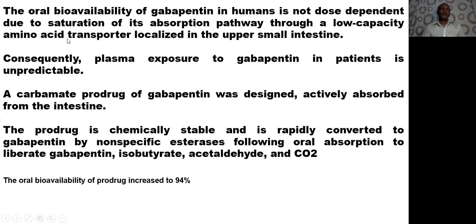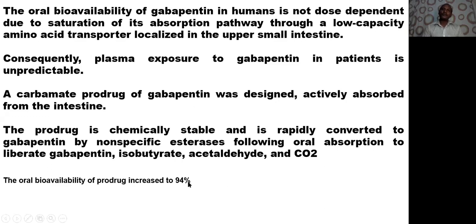This transporter becomes very easily saturated, so it cannot transport further. That's why we converted gabapentin into carbamate, and carbamate is lipophilic, so it can easily cross the lipid bilayer and enter into the systemic circulation and increase the bioavailability to 94%.